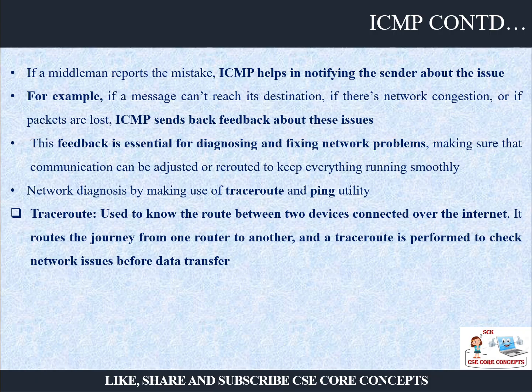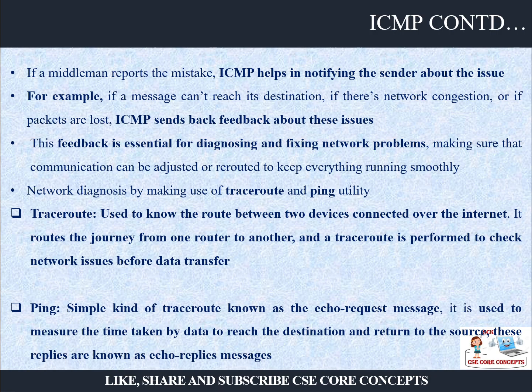This will help you find network issues before transmitting the data; you can find out if every router is active or not. The other utility is ping, that is Packet Internet Groper. This is a simple kind of traceroute which works as an echo request message.